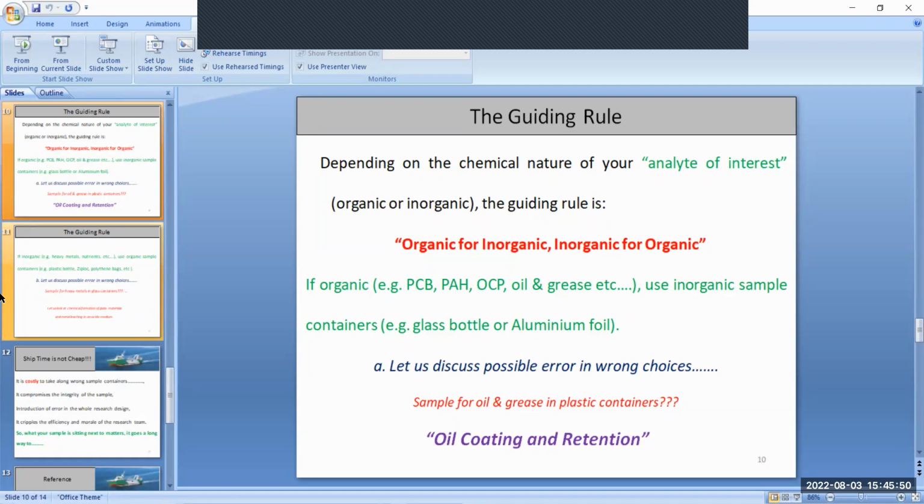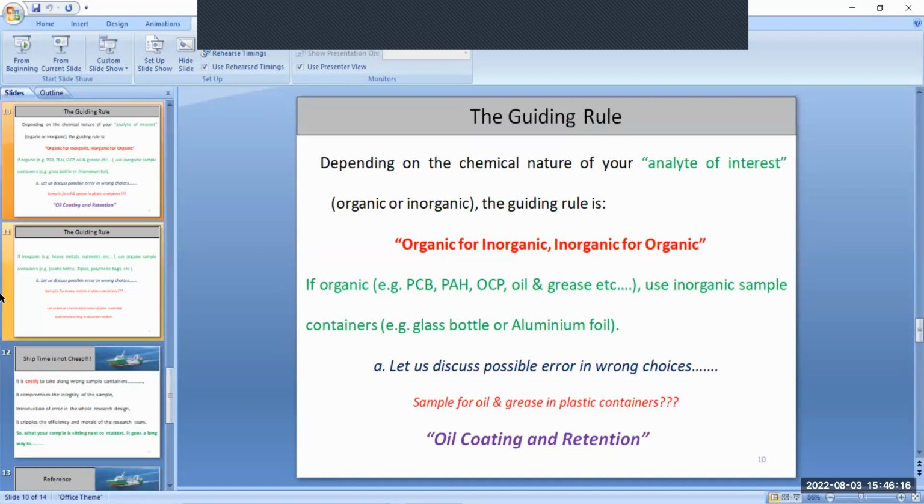As you are emptying your water into maybe glass containers in the laboratory, maybe you want to do cleaning, then you will experience what we call oil retention. You won't be able to transfer quantitatively all the oil that is present in the sample that you've collected.